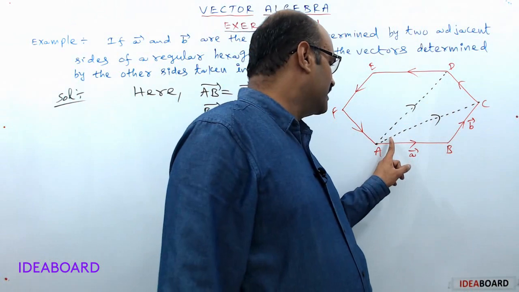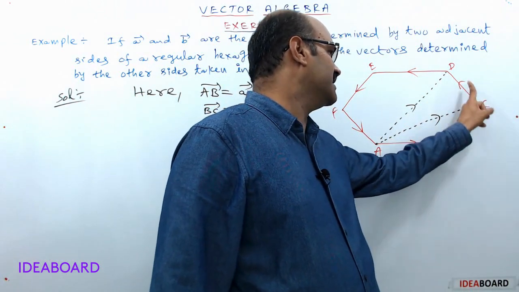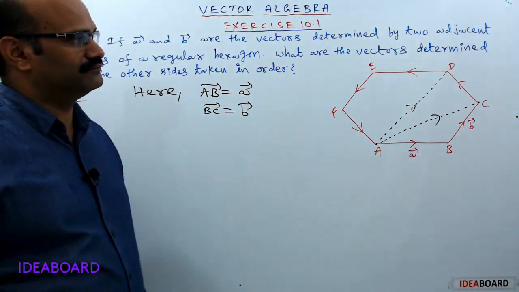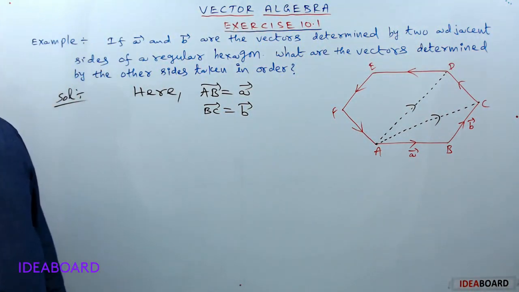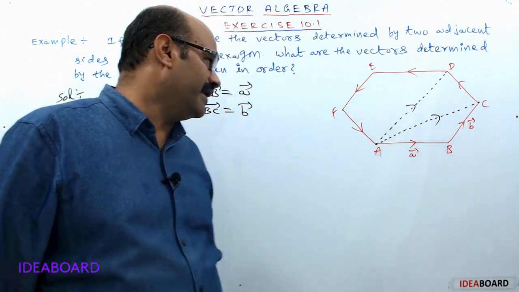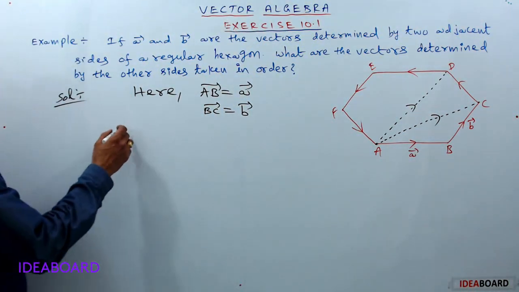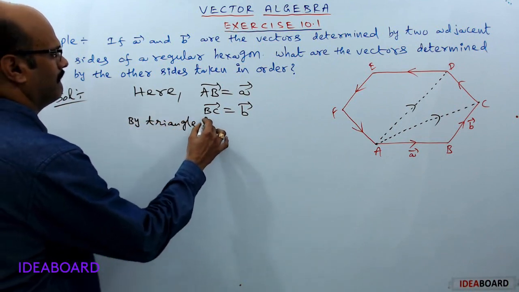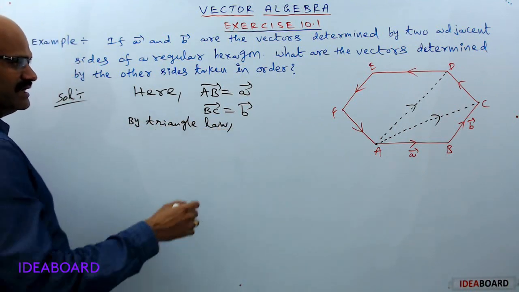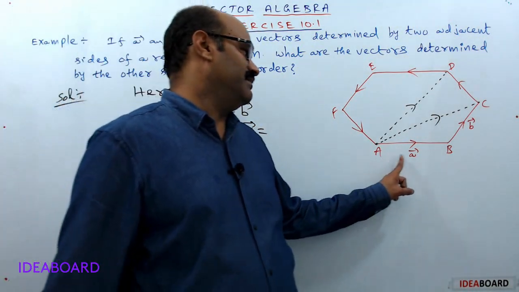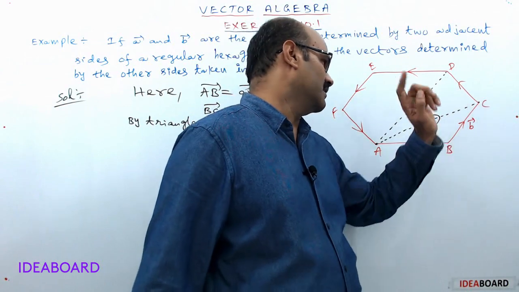Now we can take it as AC vector plus CD vector equals AD vector. So we have to find the AC vector. By triangle law, AC vector is always equal to AB vector plus BC vector.